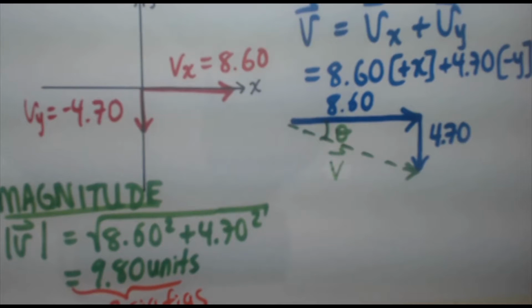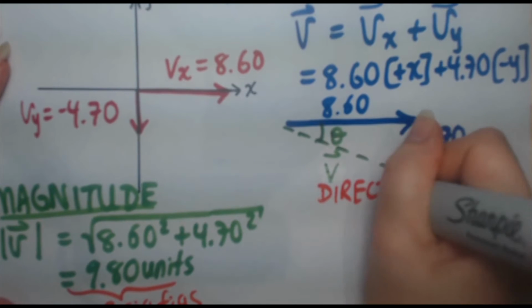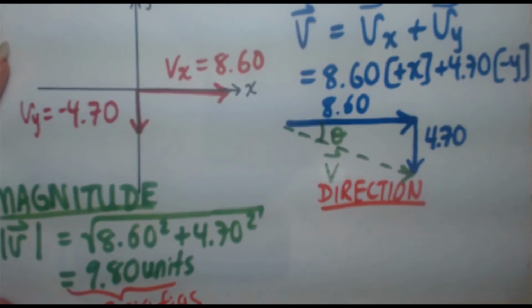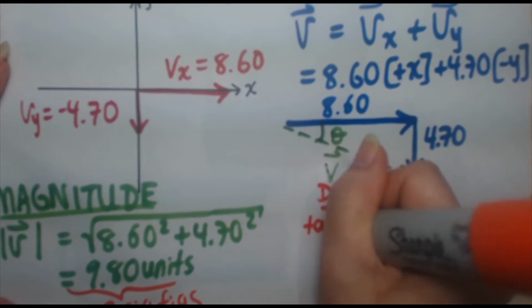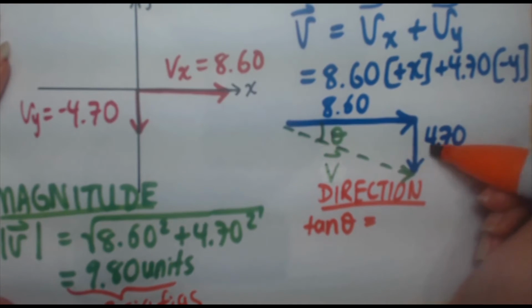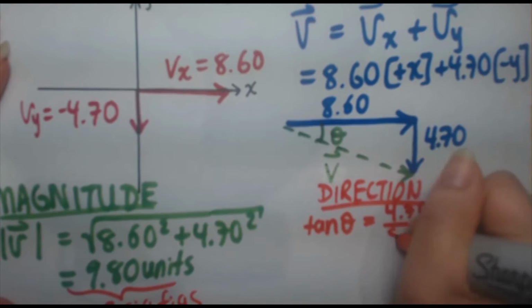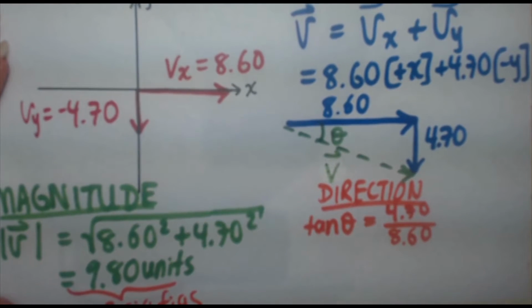Now we have to find our direction, and remember, direction you find using theta and using tangent. So let's do that. Tan of theta is equal to opposite over adjacent. Opposite is 4.70. Adjacent is 8.60. Make sure you put those in the right order or you'll get the complementary angle.